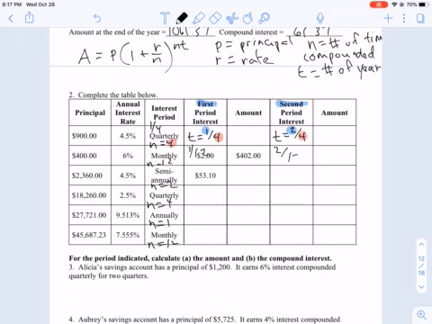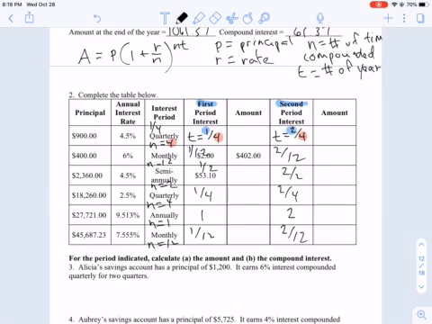Second month is 2/12 for our time. Semi-annually, 1/2, 2/2. Quarterly, 1/4, 2/4. Annually, 1, because it's 1 year. And yearly, 2. Monthly, this would be 1/12. Second month would be 2/12.